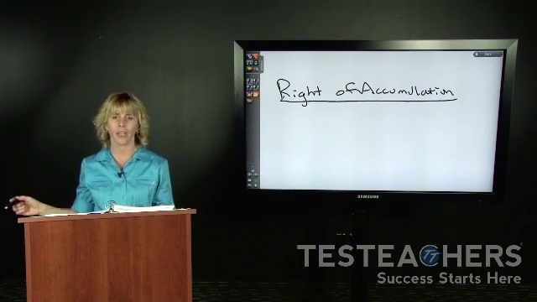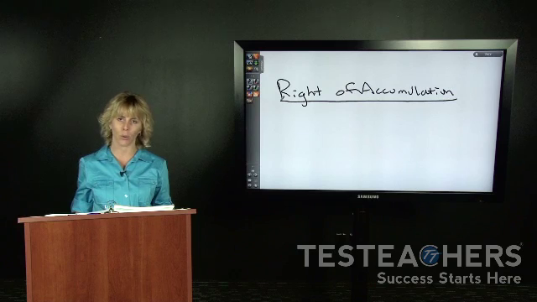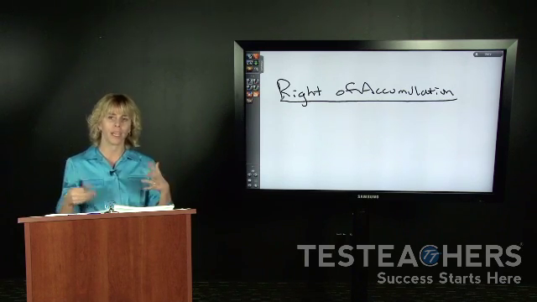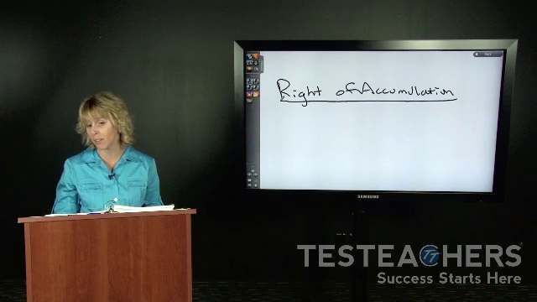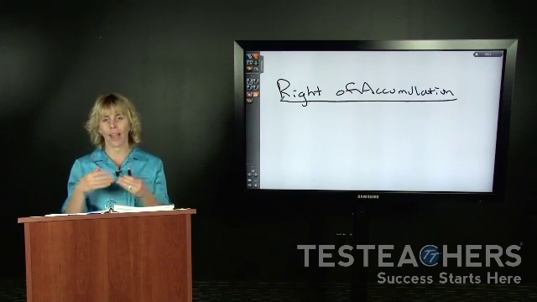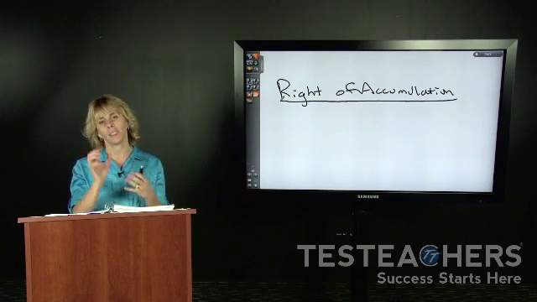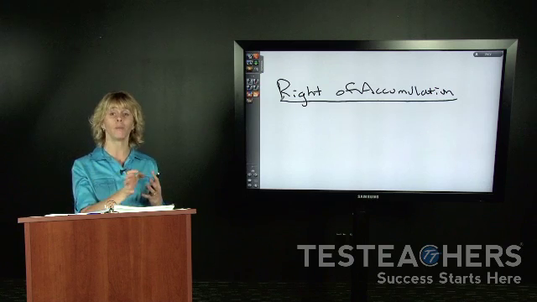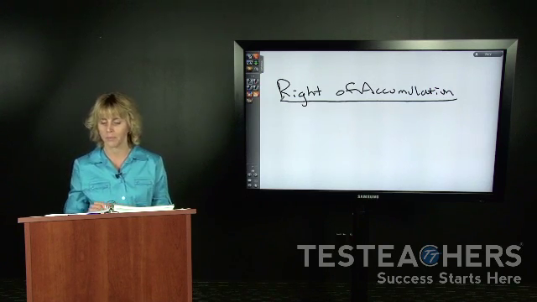So retirement plans also qualify towards the right of accumulation, where the balance over time gets to be big enough that they have a reduced sales charge. So it allows the client to someday, instead of having a 5% sales charge, only have a 4% sales charge. And then someday it goes down to 3%.